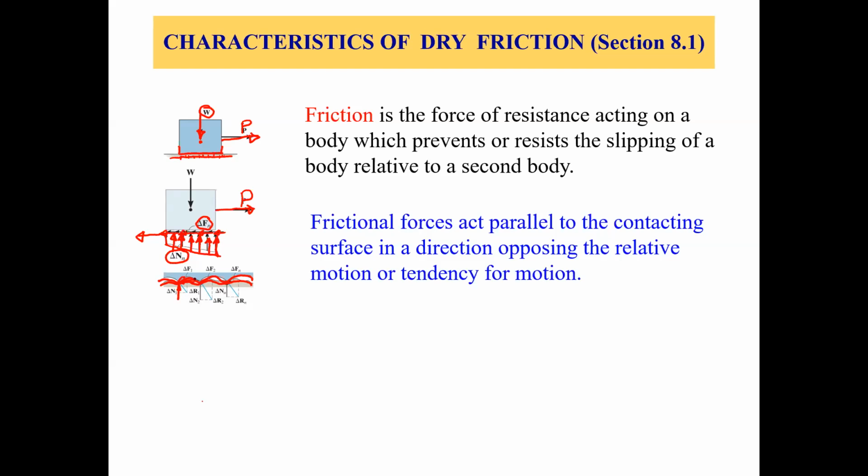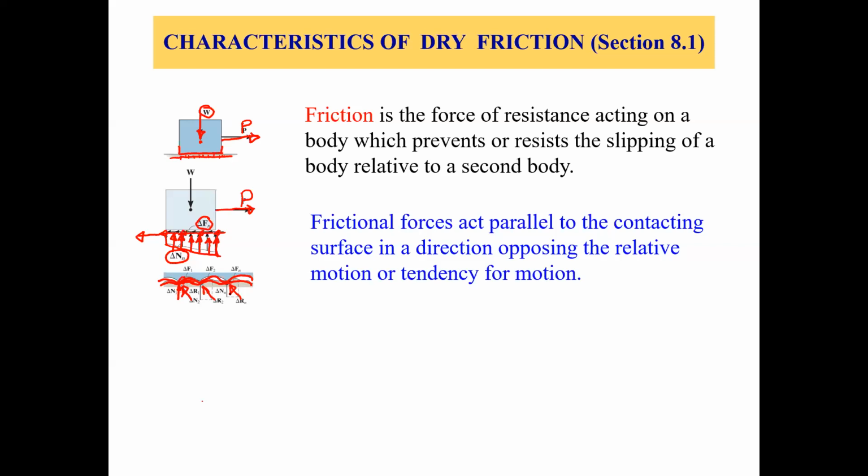Now if you want to make a resultant out of this friction force and normal force, you'll have this, this, this, and this. Let's call it delta R. So delta R1, delta R2 goes up to delta Rn. That is the resultant of the friction force and the normal force.